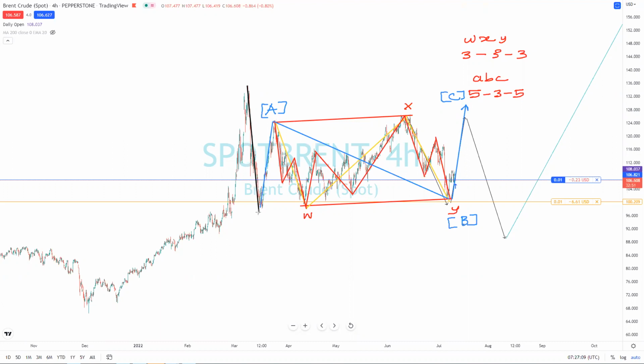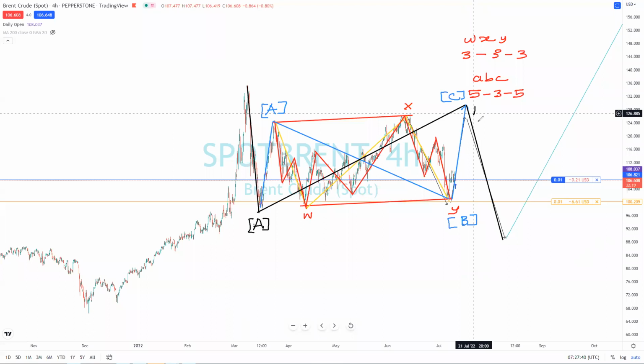So in the black degree, this could just be one move to the upside, and then we will wait or anticipate for a move to the downside. And also, if you look at this move here, it is pretty much impulsive, 1, 2, 3, 4, 5. So we can also label this as an A, black degree, and then all these waves can be a B in the black degree.